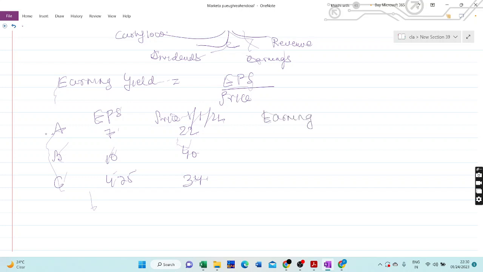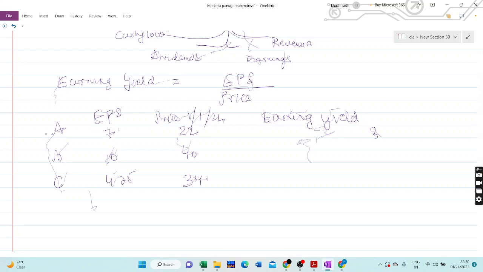Calculate the earning yield. Earning yield is EPS by price. Divide the EPS of stock A by its price, EPS of stock B by its price. Quickly tell me. EPS of stock A by its price, 7 by 22. 31.82.